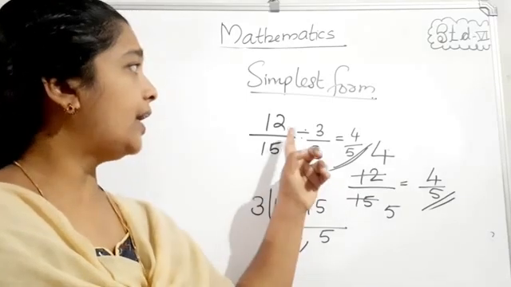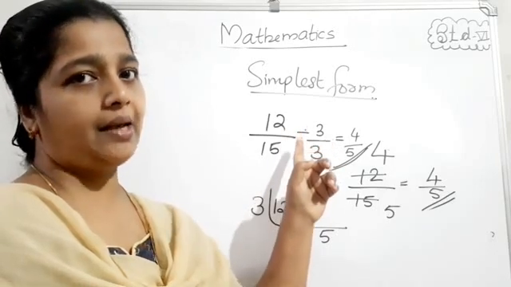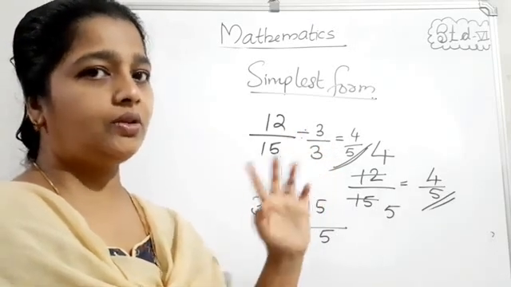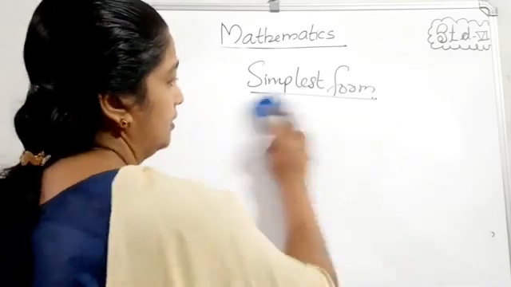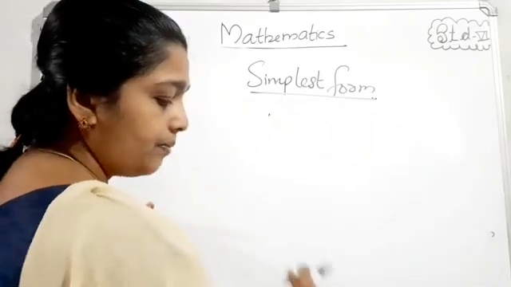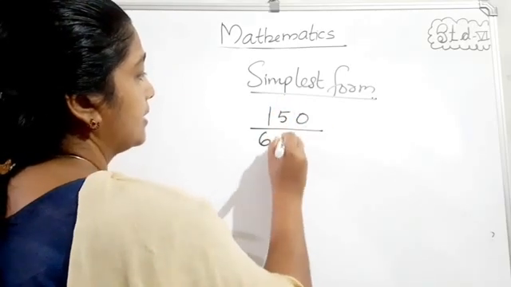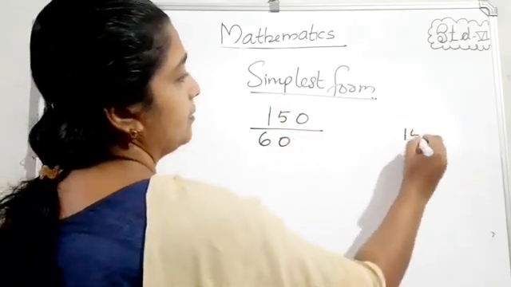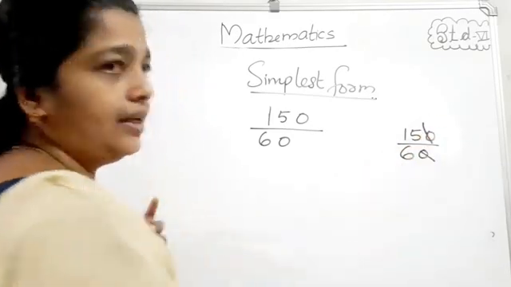So how did we get the answer? Using the common factor, we divide by this number. Which one is easy, you will go with that. Yes. Next question. Listen. 150 by 60. Using the cancellation method, how can we do it? 0, 0 cancel.